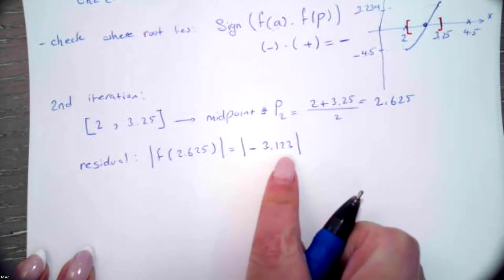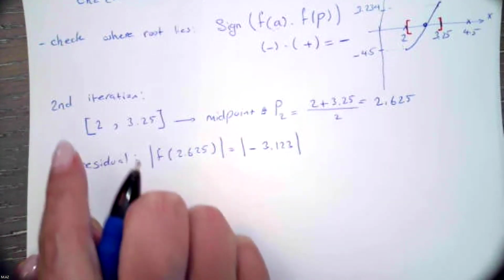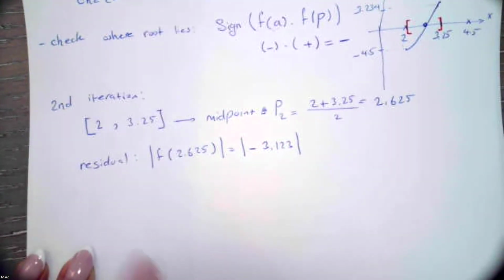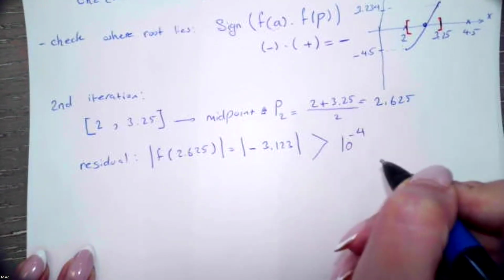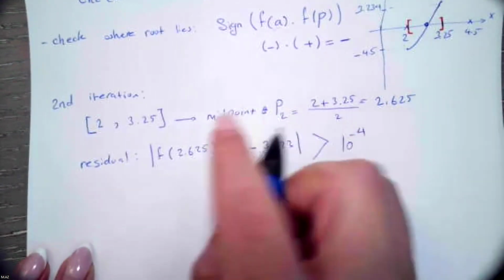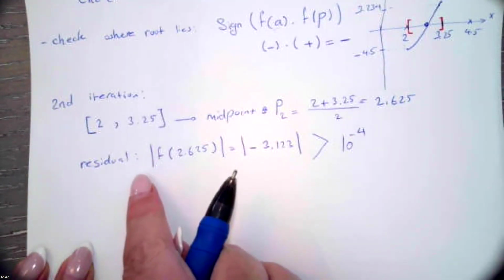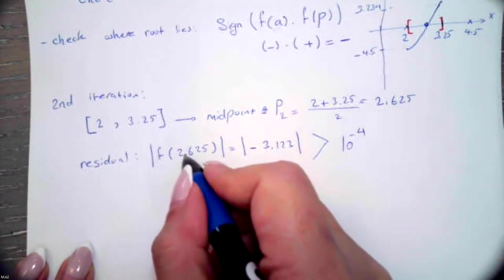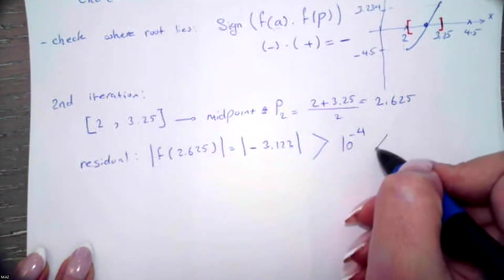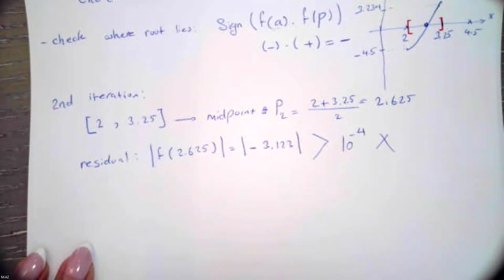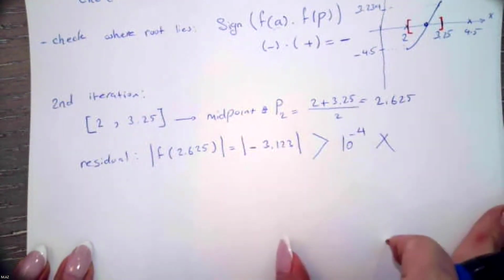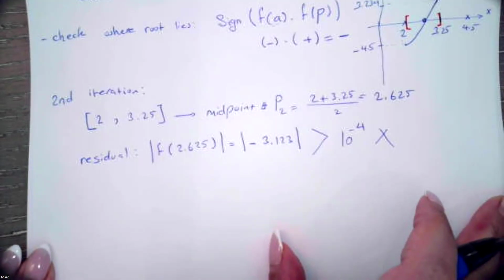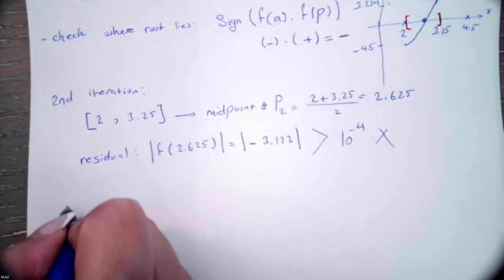The absolute value for the residual of the second iteration is 3.123, and this is larger than the tolerance. Okay, it means based on the residual, this midpoint doesn't meet the tolerance, and this is not a root.